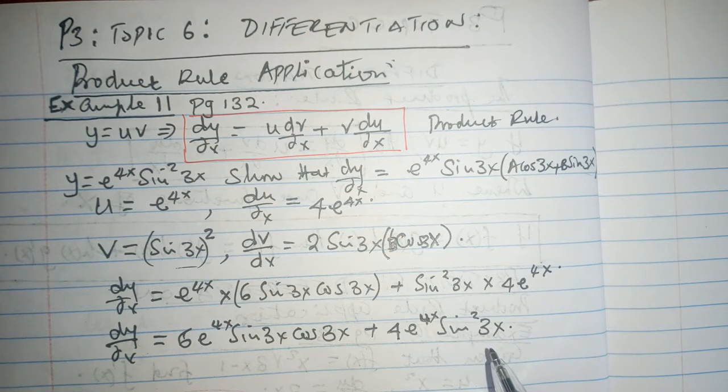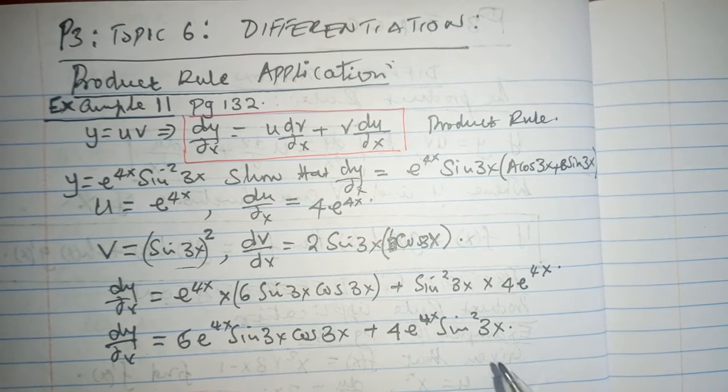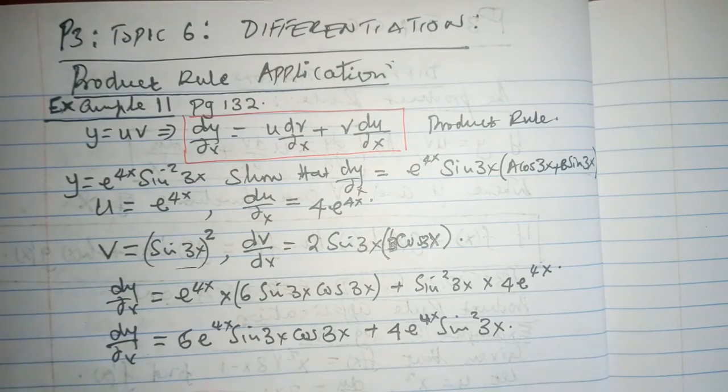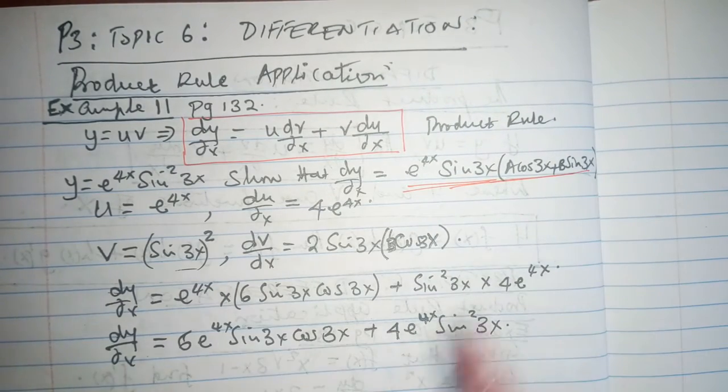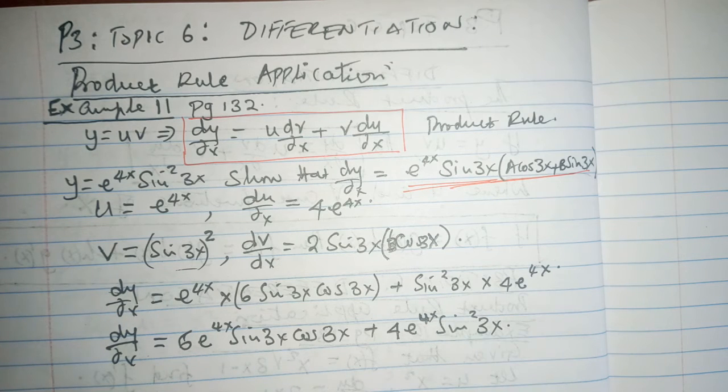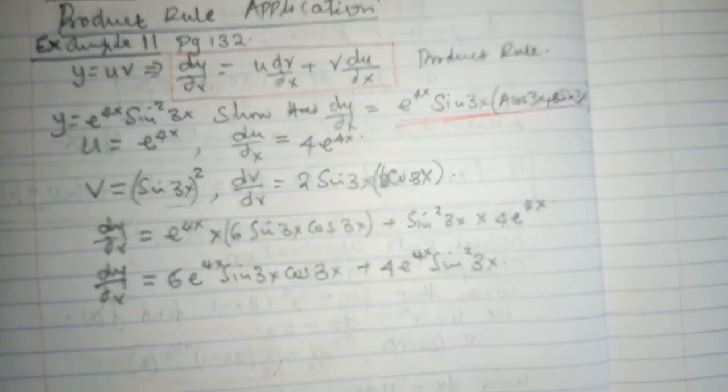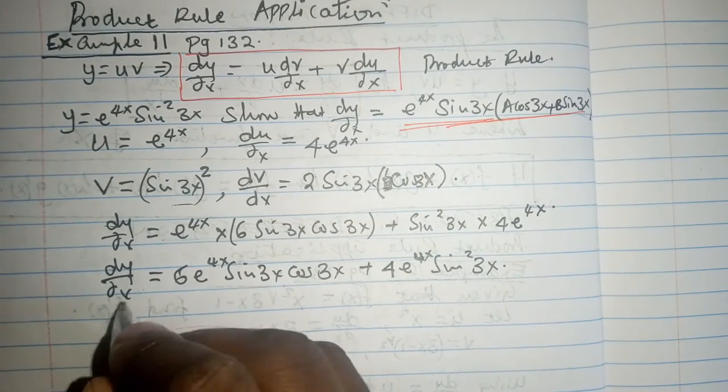But what is common? Let us find out what could be common. Before we go even to what is common, we talk of what we are expected to give our answer in terms of. If you revisit that expression, we have e raised to the power 4x sine 3x outside the bracket, and we just have to obey that because that's what we're supposed to show.